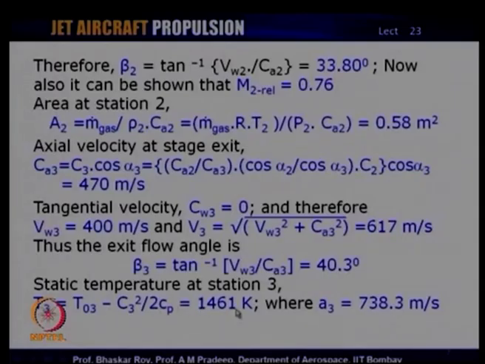So, it is easy to use the isentropic laws and find the static temperature, that is 1461 K, and the sonic speed at that particular station is 738.3 meters per second, and we can very well see that this velocity V 3 would be subsonic. So, the exit velocity from the rotor also is subsonic.